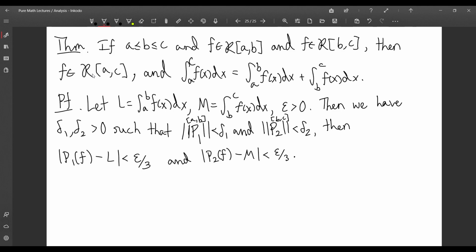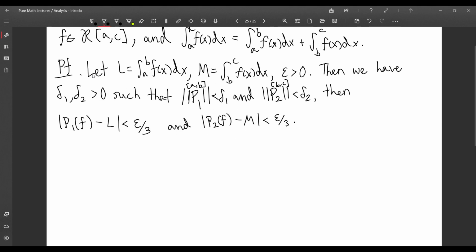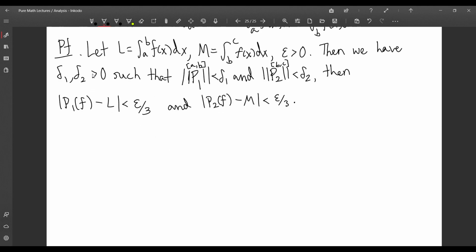But that's easy to fix. You might notice that we have an epsilon over 3 and an epsilon over 3, so you might suspect that we need some other term in order to get epsilon.